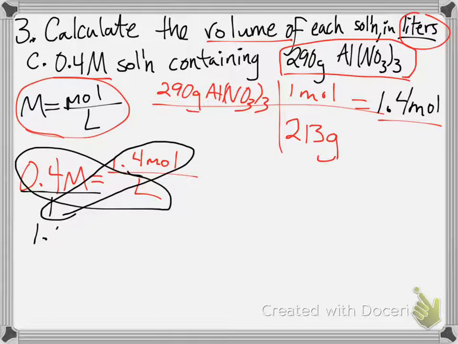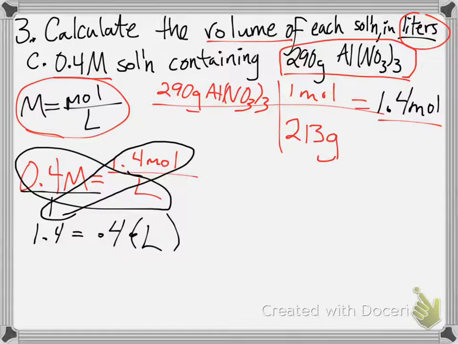So 1.4 equals 0.4 times liters. Or you can always use X, okay? I'm going to put parentheses for my multiplication because that point and that multiplication dot look similar.